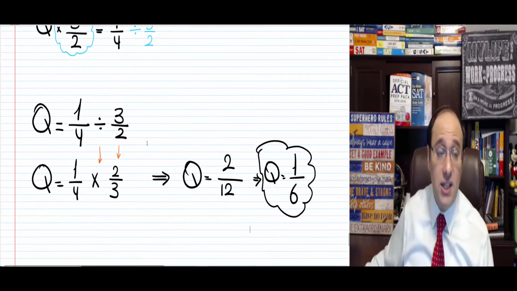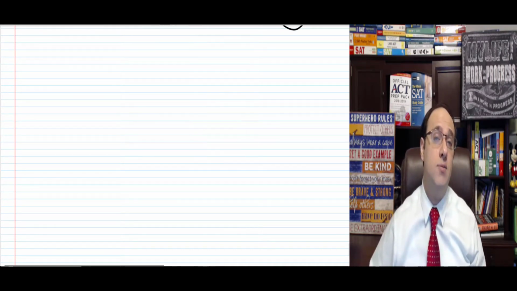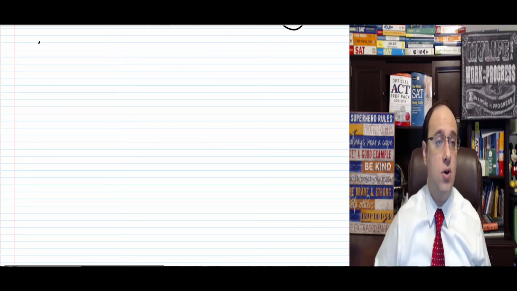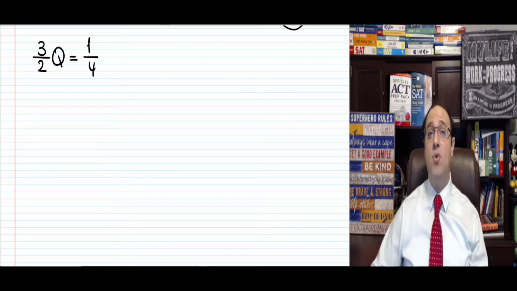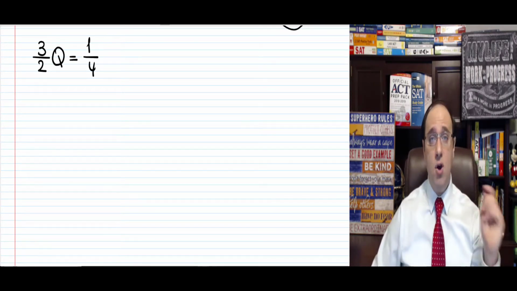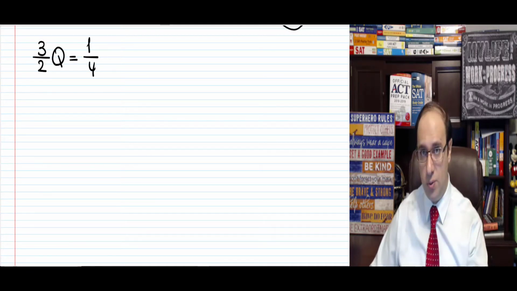Now, let's do the same question, but instead of q times 3 over 2, I will call it 3 over 2 q equals 1 over 4. Now, remember like we did before, 3 over 2q means 3 over 2 times q.